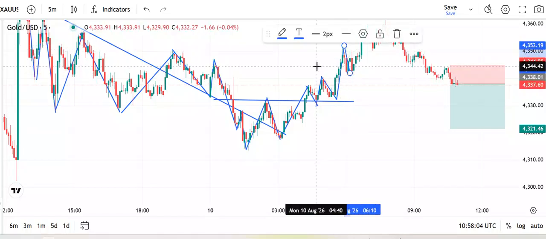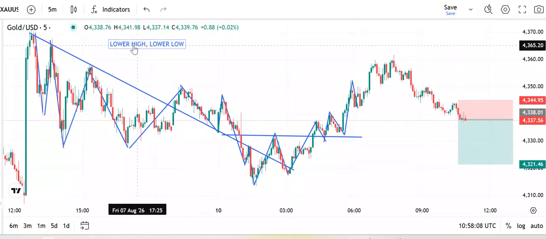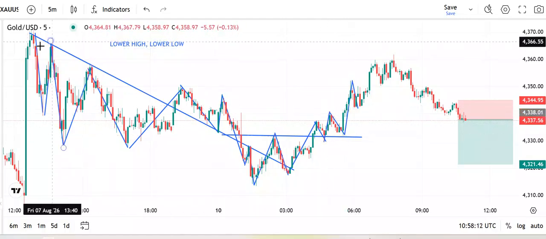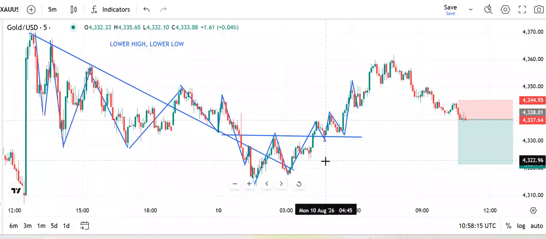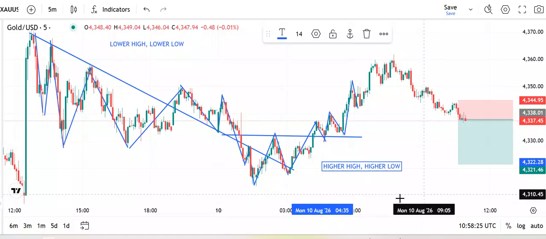So the moment you start seeing higher high, higher low, just like you see lower high, lower low for downtrend, start seeing higher high, higher low, that's uptrend. Higher high, higher low. That's uptrend.